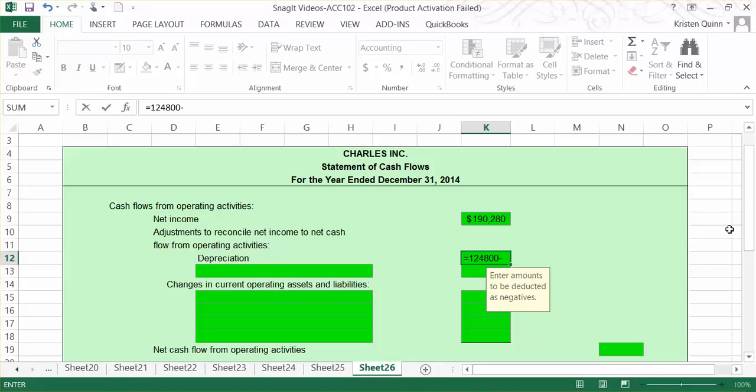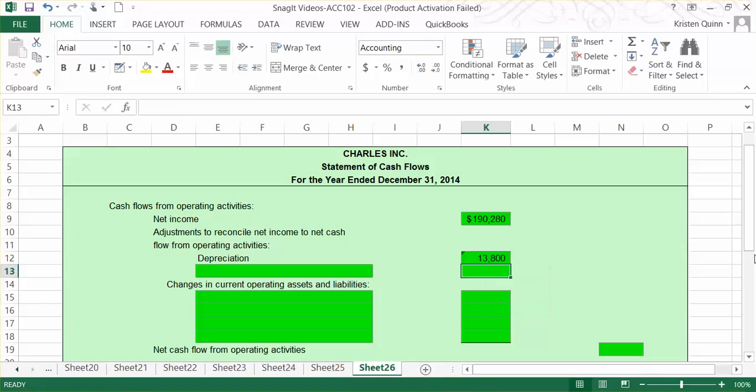We then notice that in part A of the additional information, it tells us that investments were sold for $210,000 cash. We now need to go to our comparative balance sheet and see what the cost of those investments were. So you can see that on December 31st, 2013, our investments had a value of $180,000.